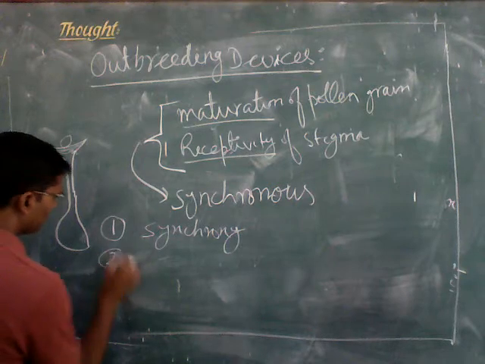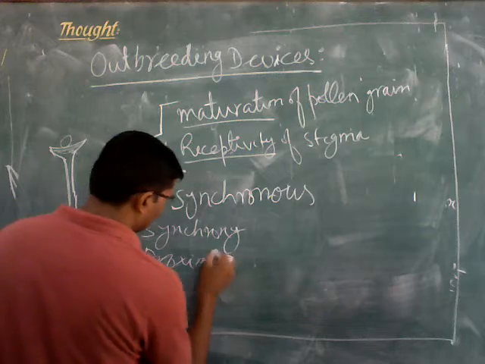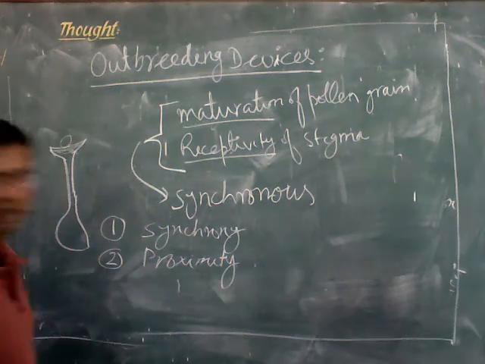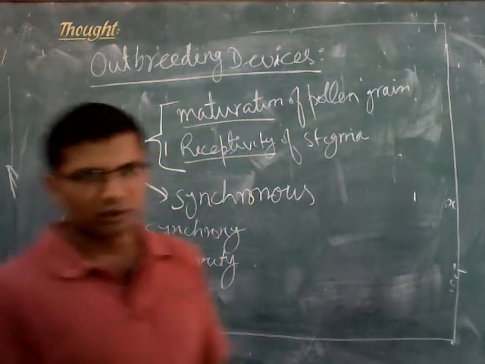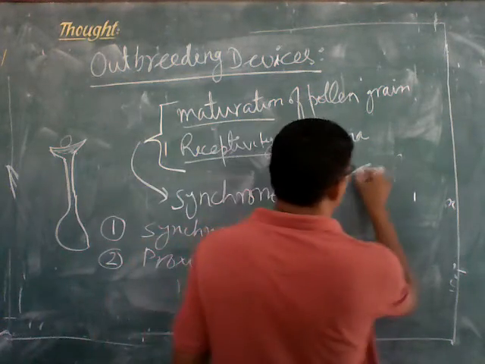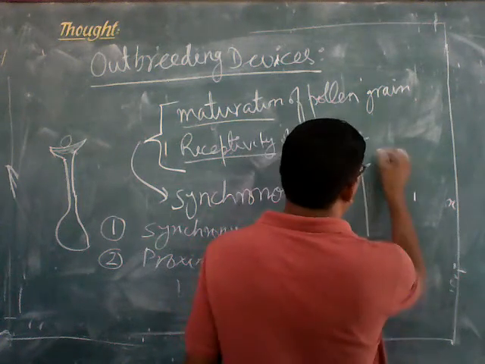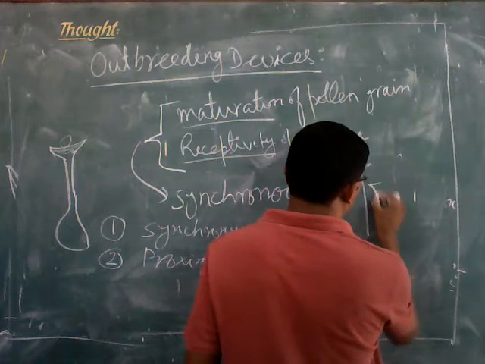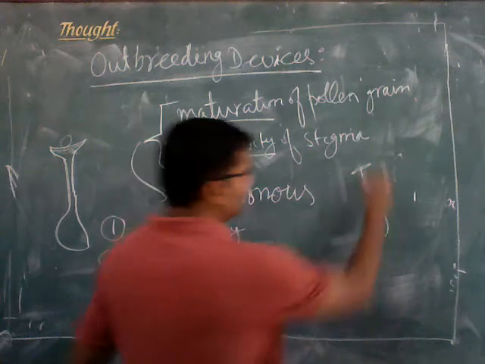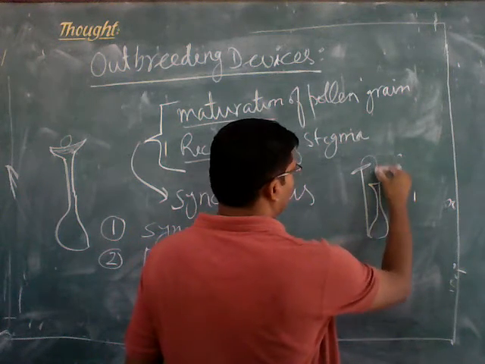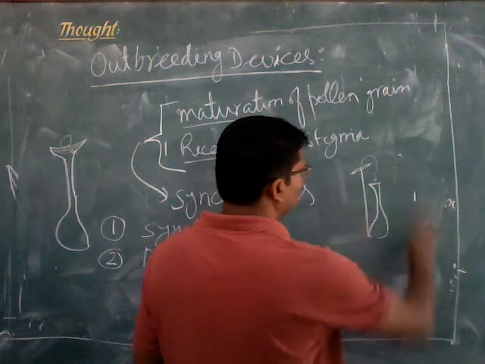The second point is proximity. What is the meaning of proximity? In a bisexual flower, if this is the androecium and this is the gynoecium, the anther will shed and pollination will follow, and it will help in the pollination.